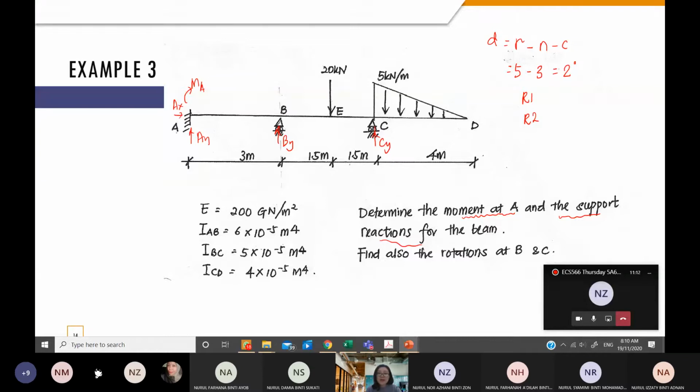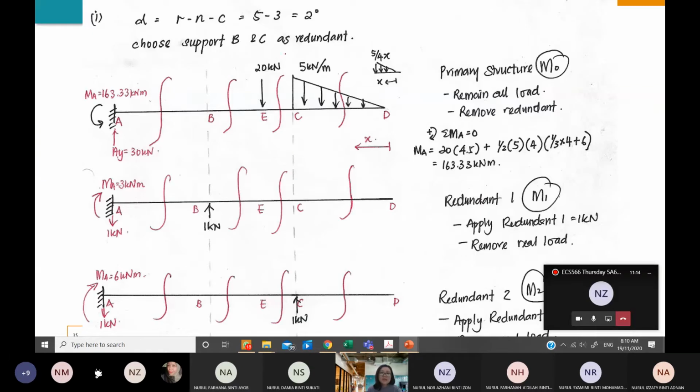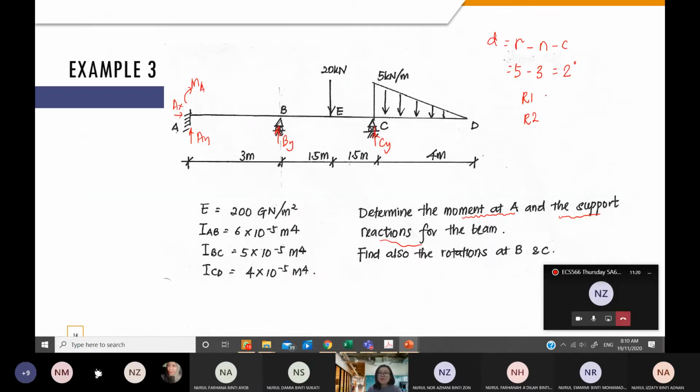So in this case, BY and CY have been chosen, meaning that R1 is BY and R2 is CY. E is given to you and is constant for all the spans, and I is different between AB, BC, and CD.